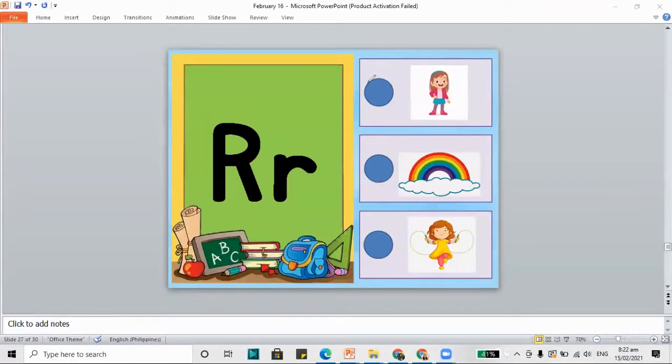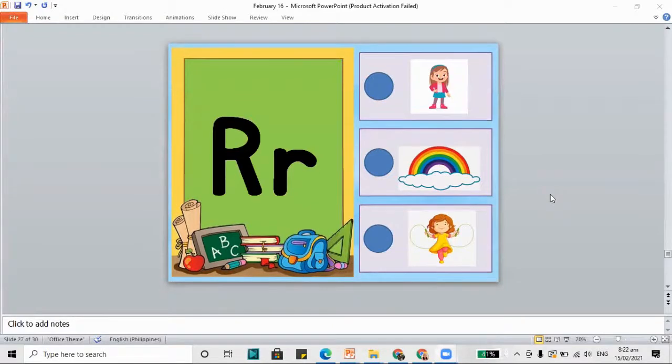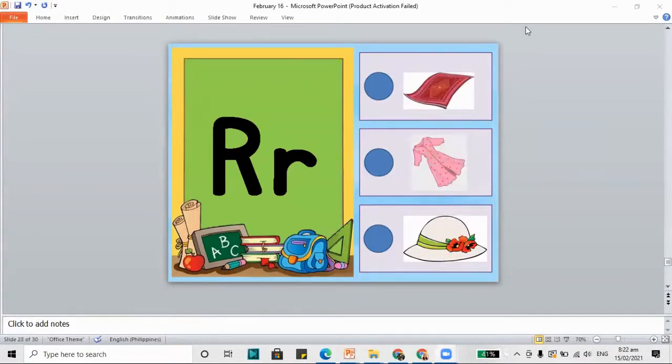Kid doesn't begin with the letter R. Rainbow begins with R, but jump rope? Do we check for jump rope? No, mark an X. How about the rug? Rug begins with R. Dress doesn't begin with R. Hat doesn't begin with R.